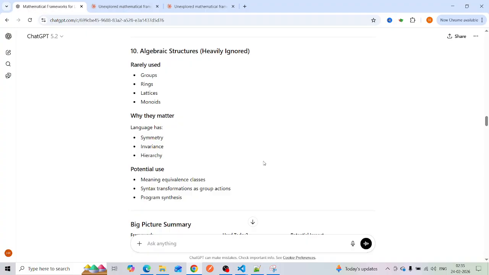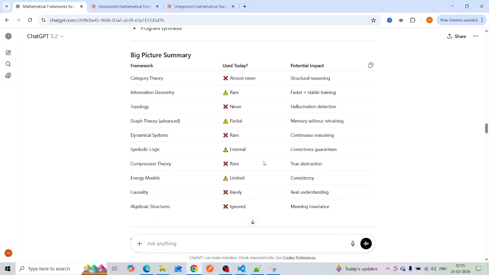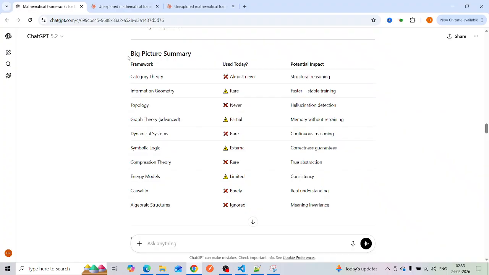Algebraic structures, heavily ignored. So this is the big picture summary: the framework, how it is used today, and its potential impact. Category theory, almost never used, potential impact, structural reasoning. Information geometry, very rare use.